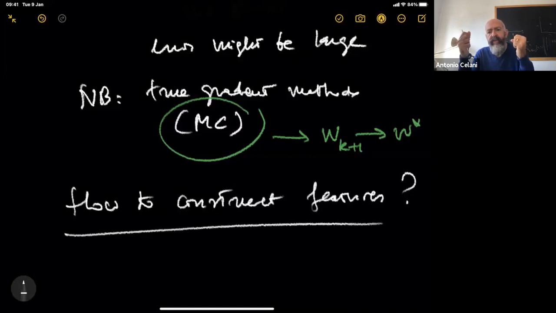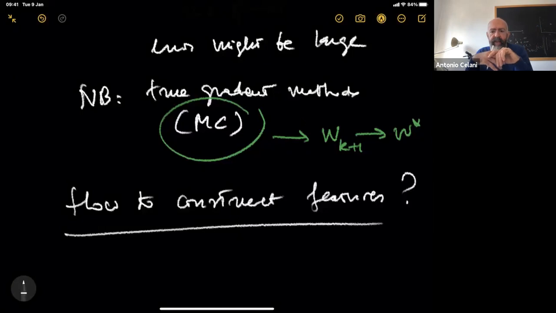Therefore, you have to find techniques which are available in the literature, like dropout methods and the like, which allow you to mitigate this problem of finding local minima rather than global minima. But of course, we are not at all entering into this subject because it's a subject for itself.